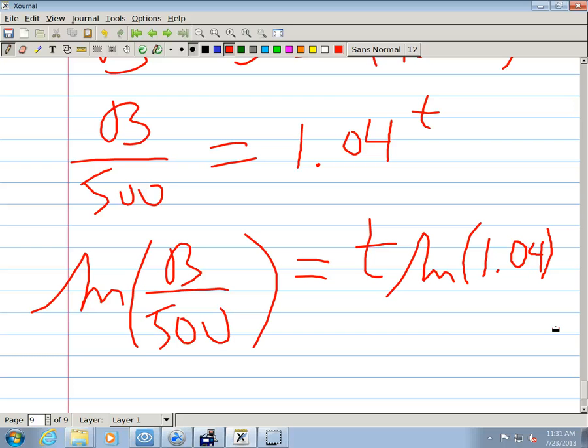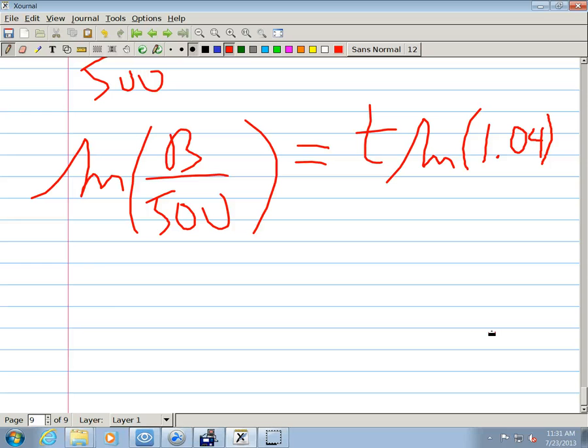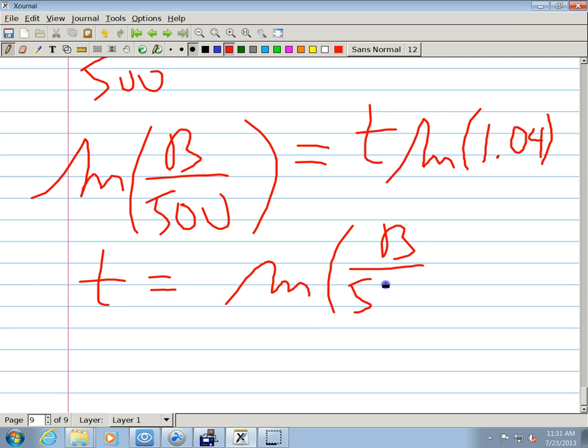All right, so one more step to get t alone. Divide, right. So t is the ln, or whatever log you chose, of b over 500, all divided by the ln of 1.04.